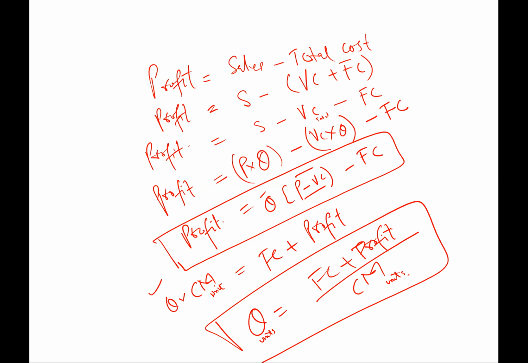If we want to find out total sales, just multiply this with the sale price, that's it. You find out the dollar sales. These are the unit sales, these are the dollar sales.